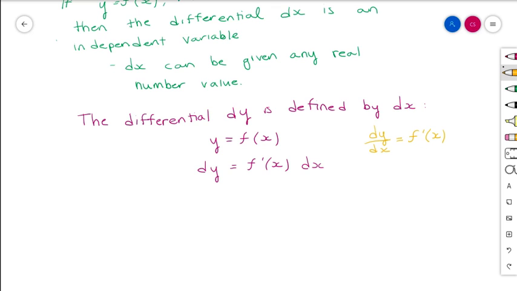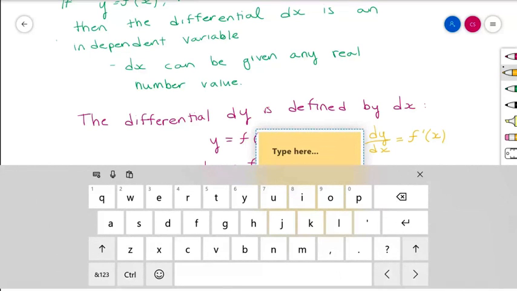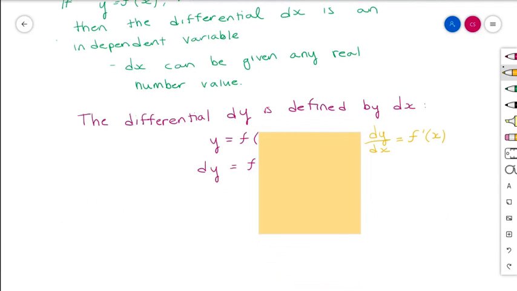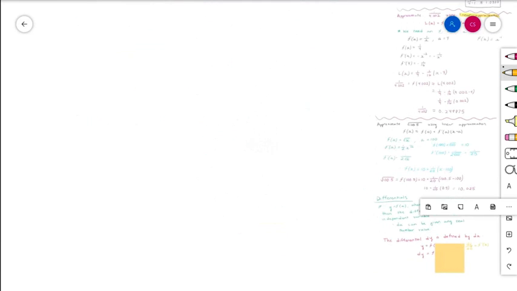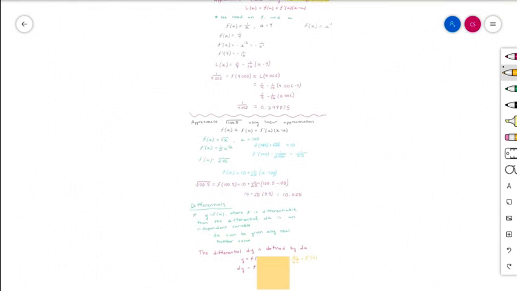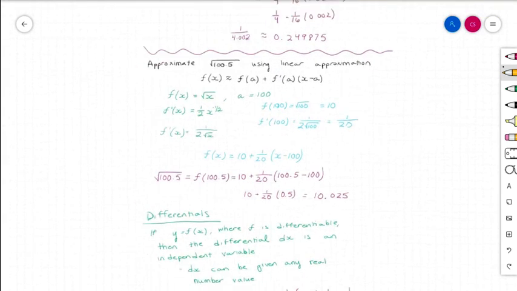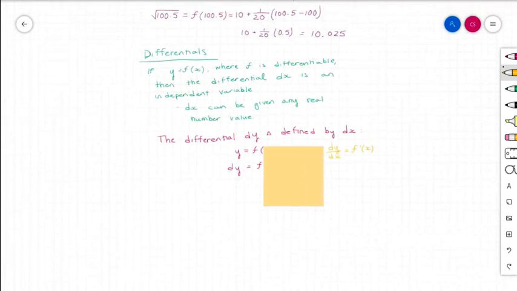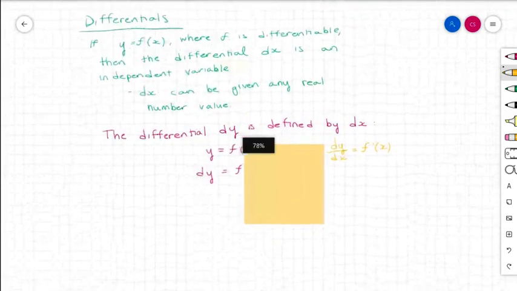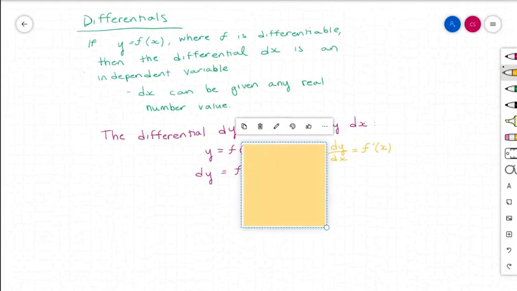Then it's almost like we're just cross multiplying to get us to that definition. X is the independent variable, and then y is the dependent variable.